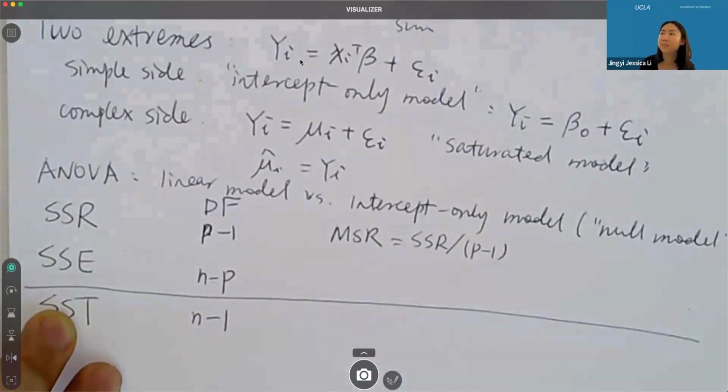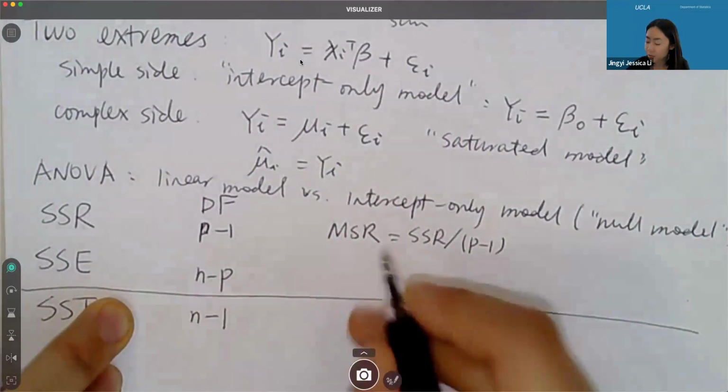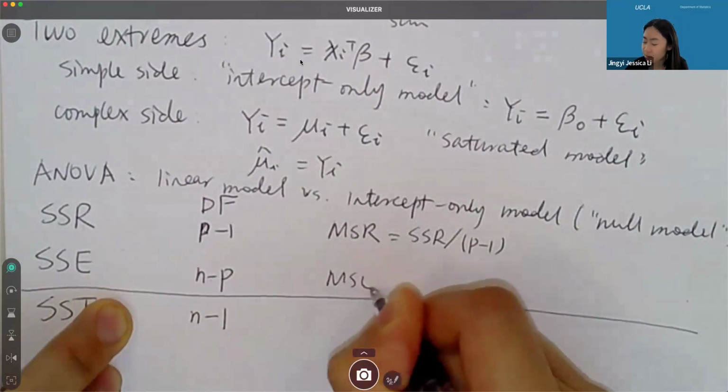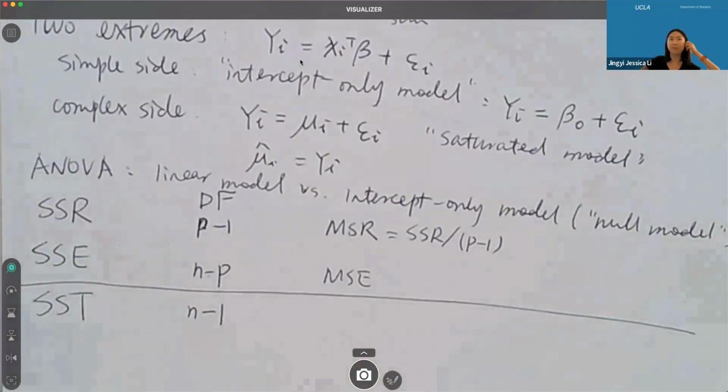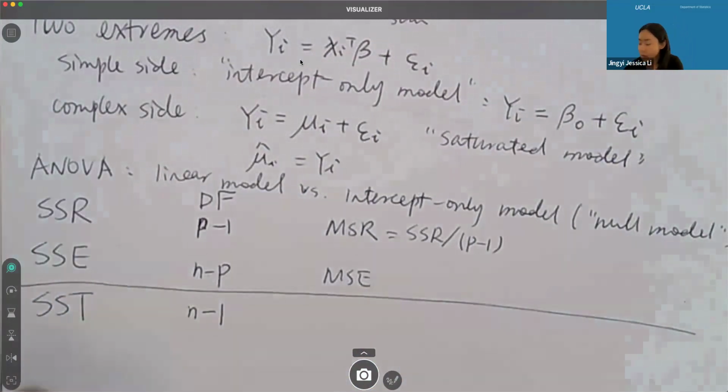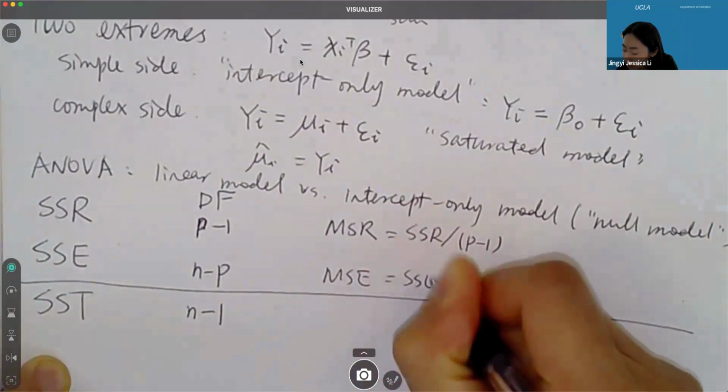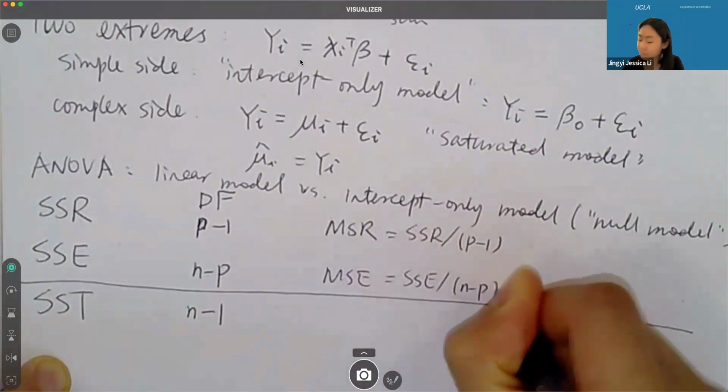You divide the SS by the degrees of freedom. And this is MSE, mean squared error, right? Now you see where this name comes from. We still use the mean square error as the common criterion for evaluating prediction models in supervised learning for prediction problems. This is SSE over m minus p.